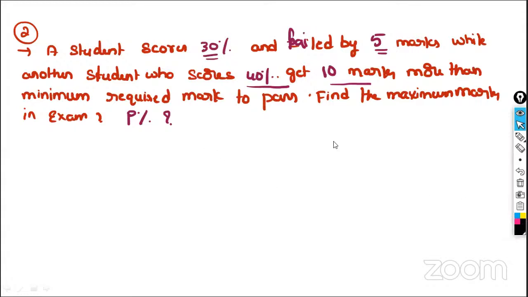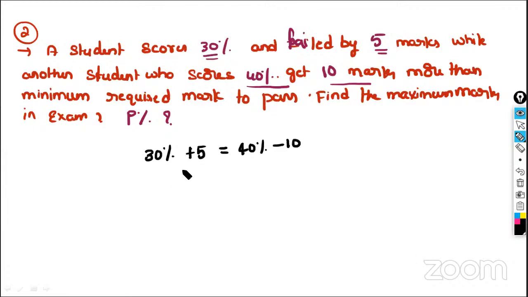So here a student scores 30% and failed by 5 marks. That means 30% plus 5, and 40% marks got 10 more. So we have to subtract for pass marks.